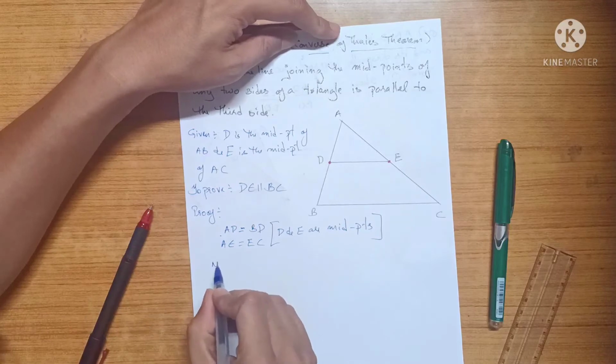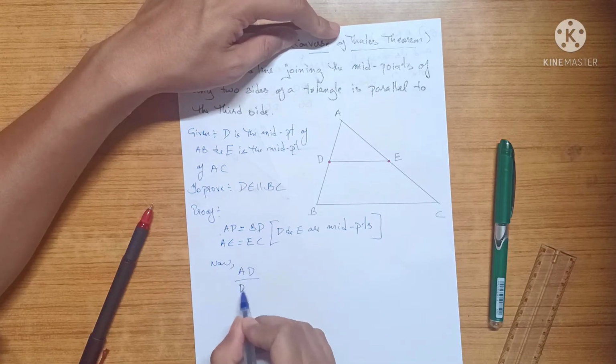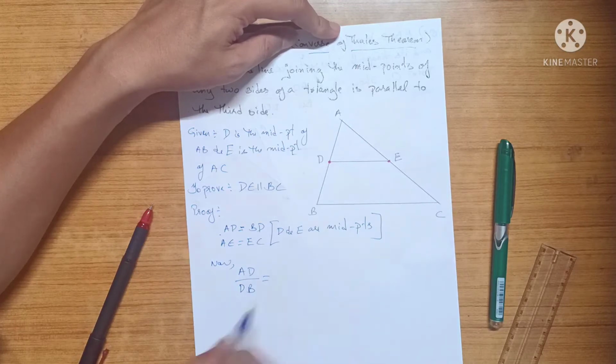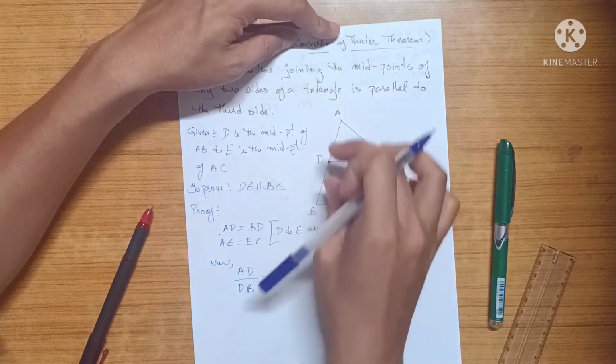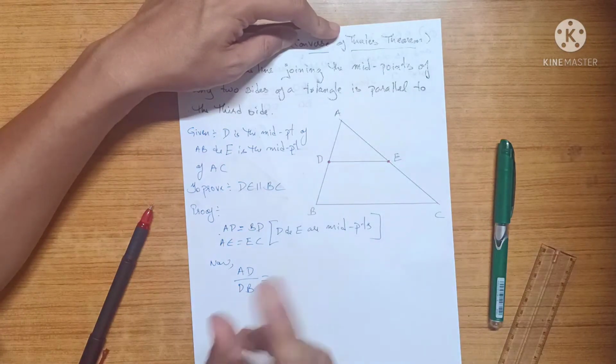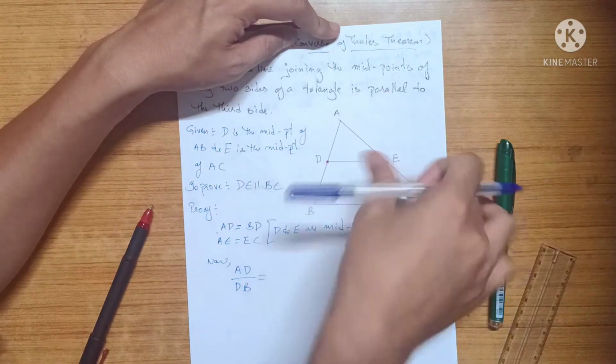So now, AD divided by DB equals. I'm dividing AD by DB because I need to show that the ratios are the same. That is, this by this should be equal to this by this. That's what I'm trying to show.